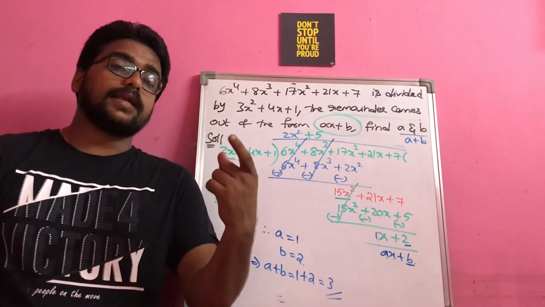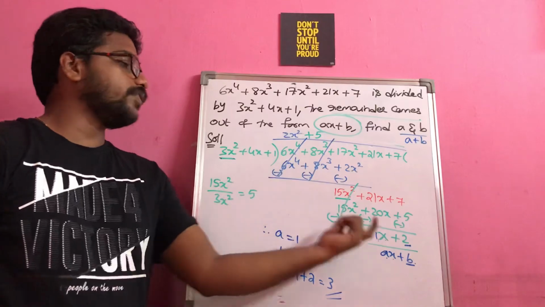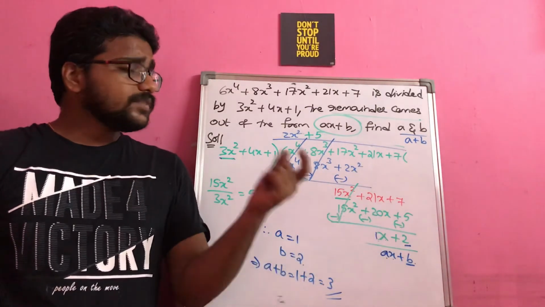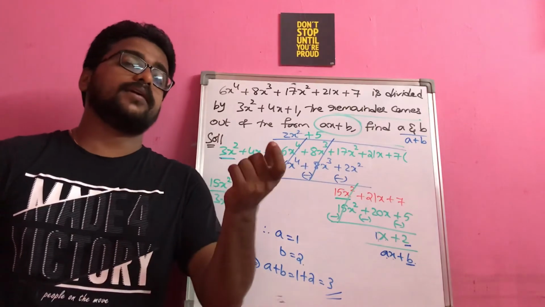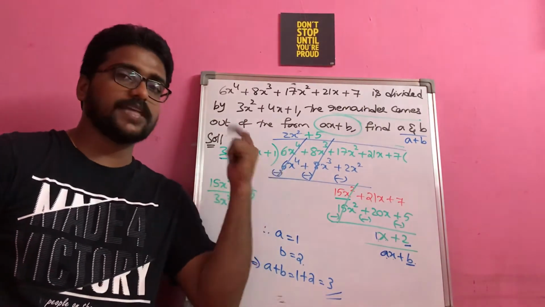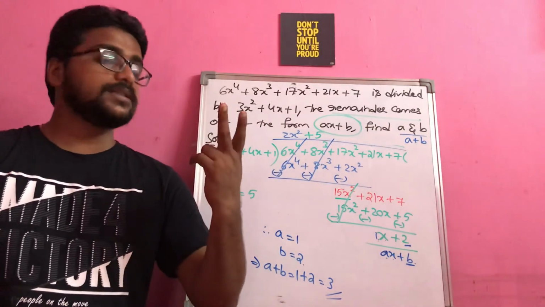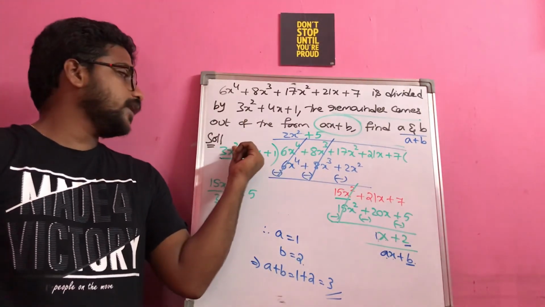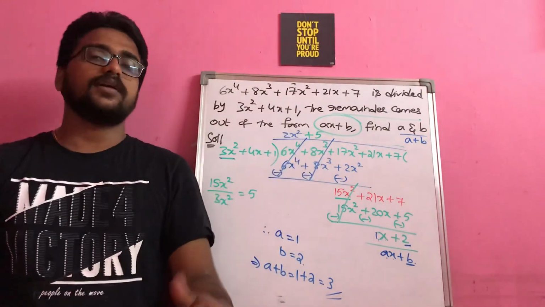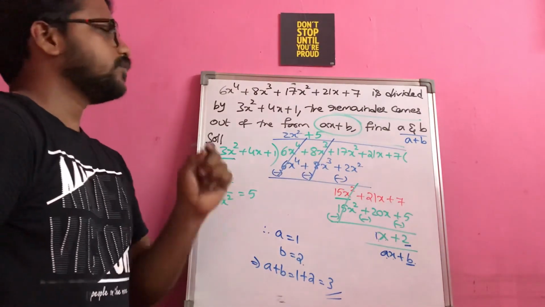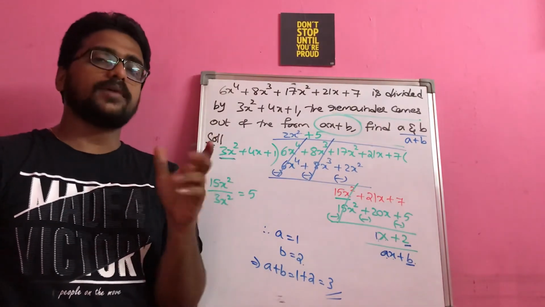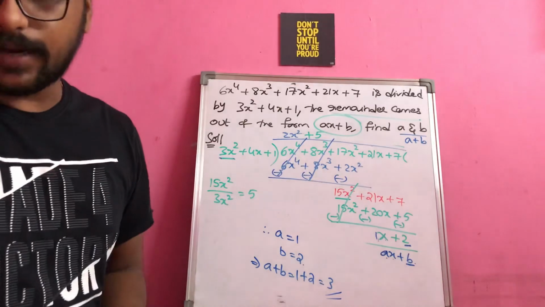If the remainder is not equal to 0, then the degree of the remainder is always less than the degree of the divisor. That is the second rule. And the last rule is, the sum of the degrees of the divisor and the quotient will give you the degree of the dividend. Let us discuss one last question based on the application of remainder theorem and factor theorem, and then we will end the class.